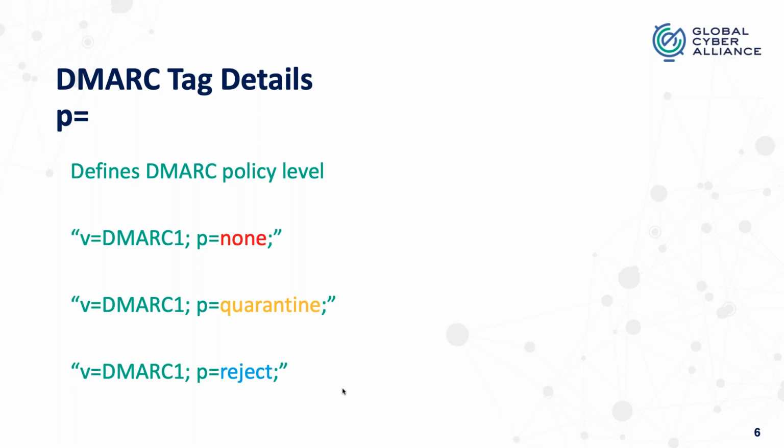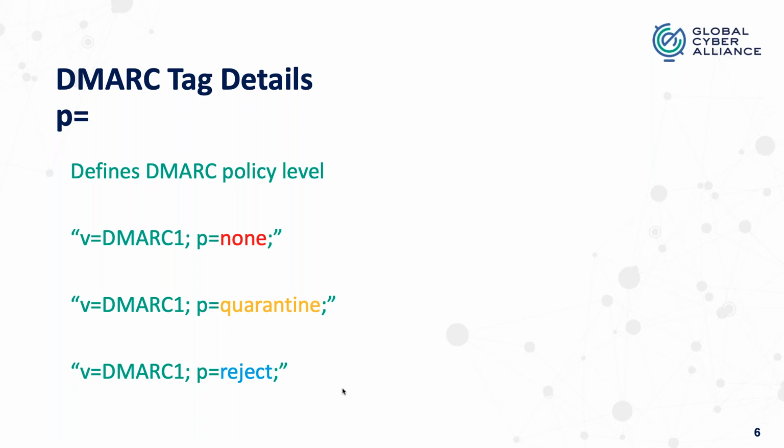Okay? Now, the other thing to take into account when it comes to the p tag is that it does not only apply to the domain you're defining the policy for, but it also applies to all the subdomains for that domain, right? So if I'm creating a policy for globalcyberalliance.org and I just put in p=quarantine, then all the subdomains for globalcyberalliance.org also have a policy level of quarantine.